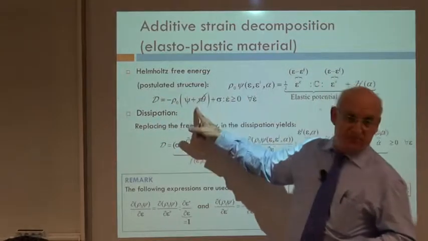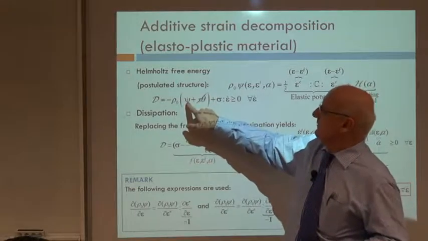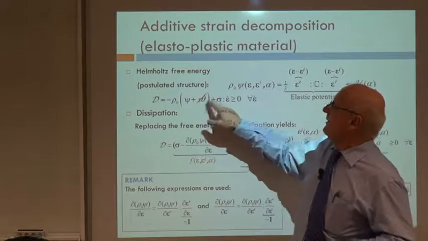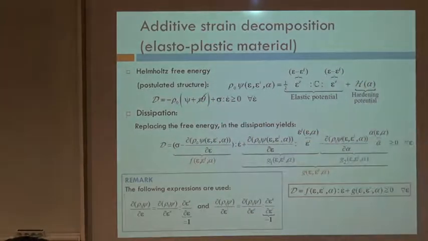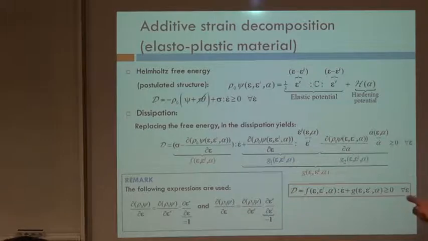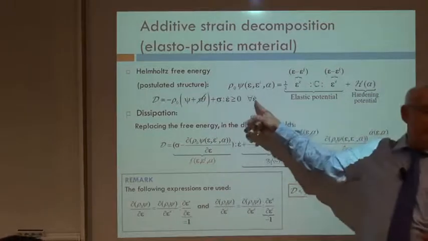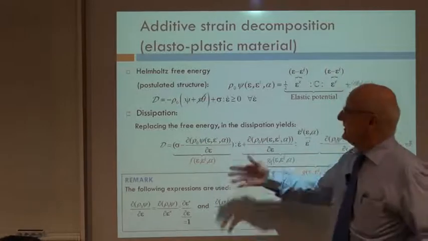In the absence of temperature changes, that term drops, and it involves the time variation of the free energy and sigma times epsilon dot, and that dissipation has to be positive for any possible evolution of the problem. What is the evolution related to? To epsilon dot. Epsilon dot is a free variable, so one could take any value. So let's do it.